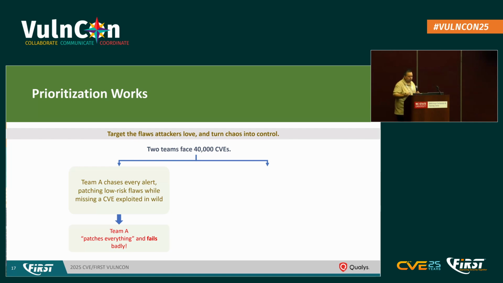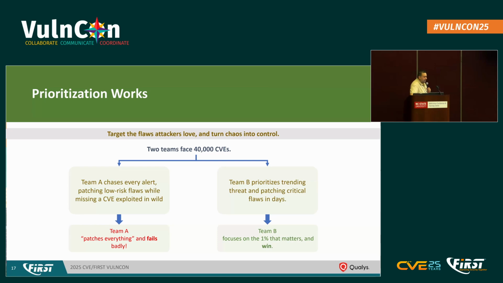That's not doable, it is not effective, and it also puts you in a bad situation. The right way is to focus on the top 1%, fixing it in under 5 days. That is the way you can be ahead and help your organization.